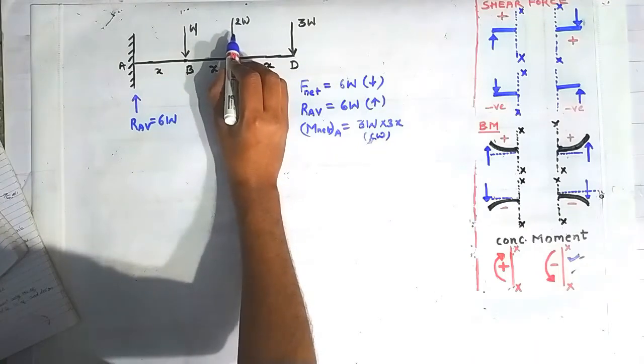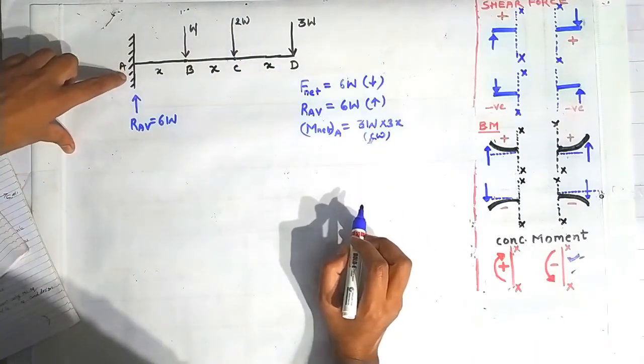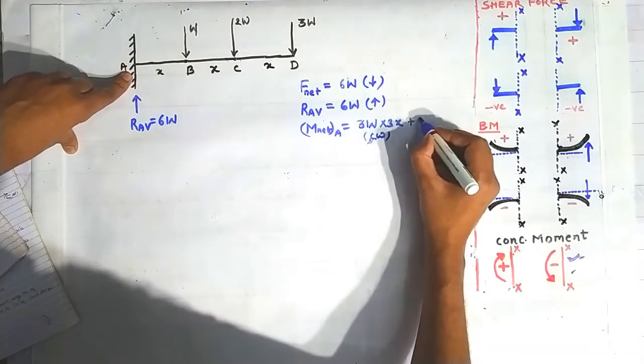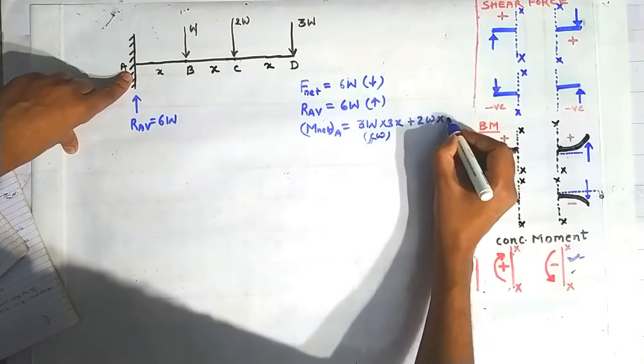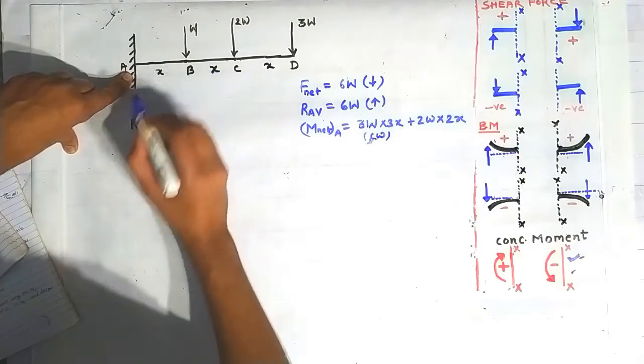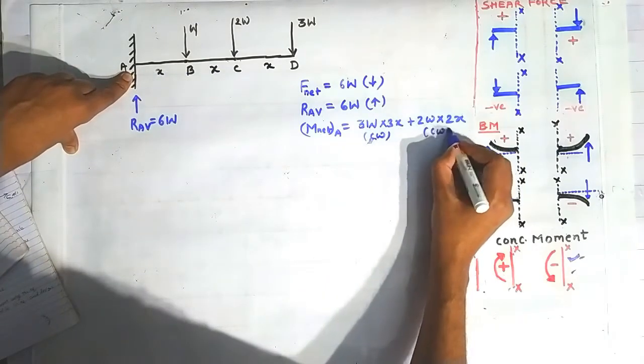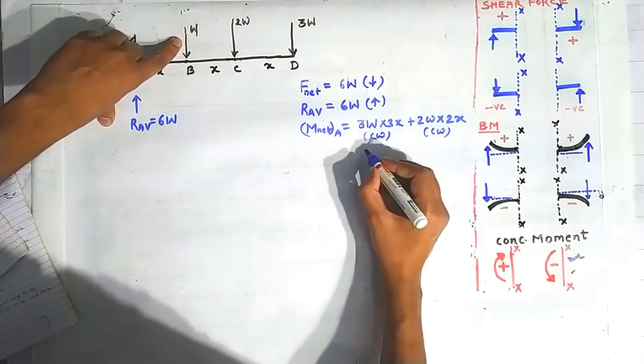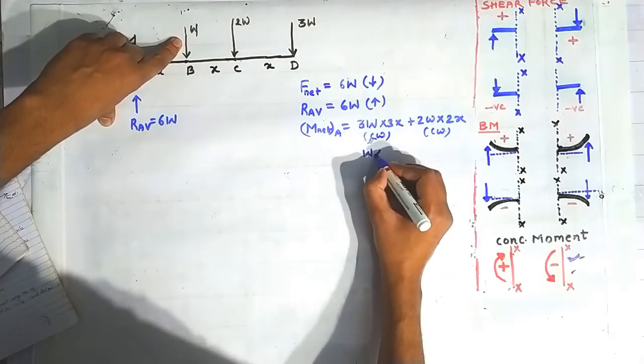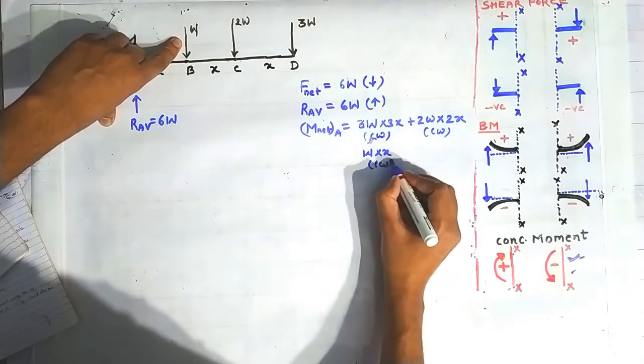Because of this 2W, there will be a moment of magnitude 2W into 2x, x plus x, in clockwise direction, and because of this W, there will be a moment of W into x going in clockwise direction.